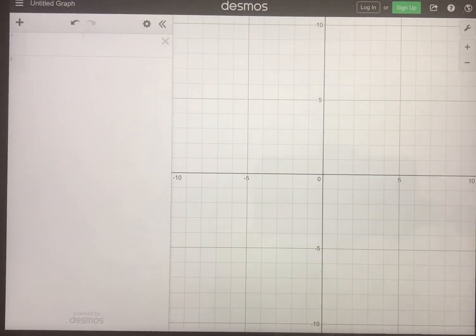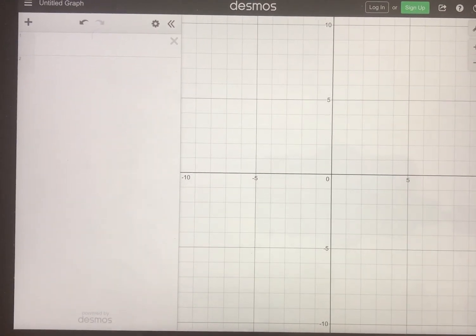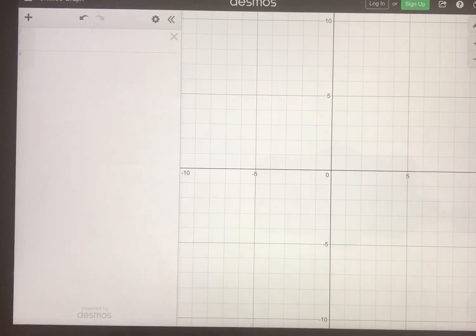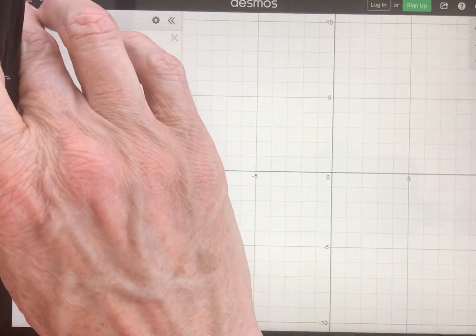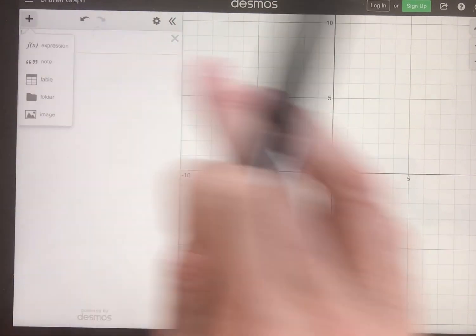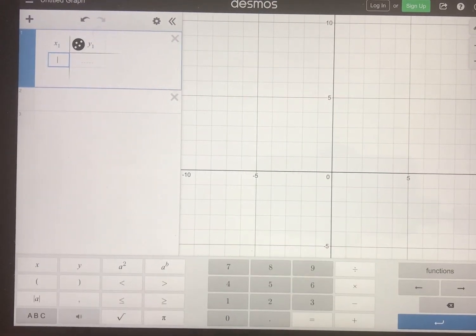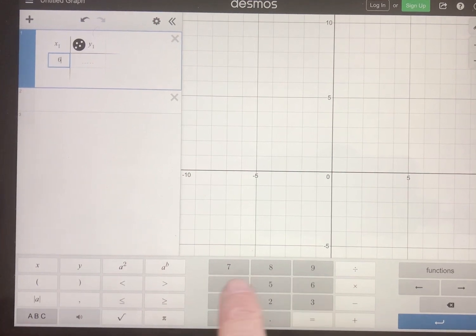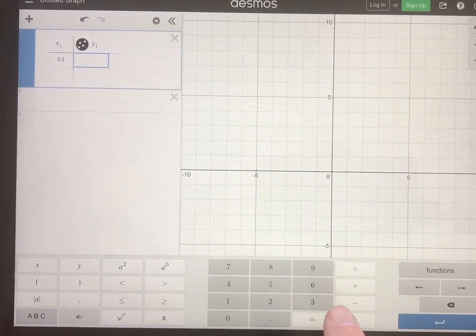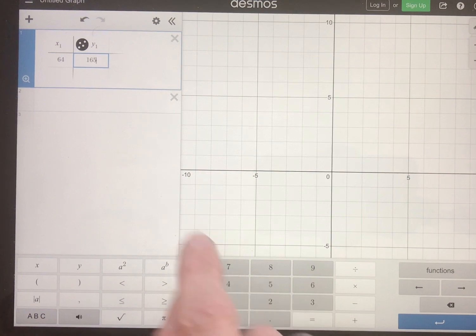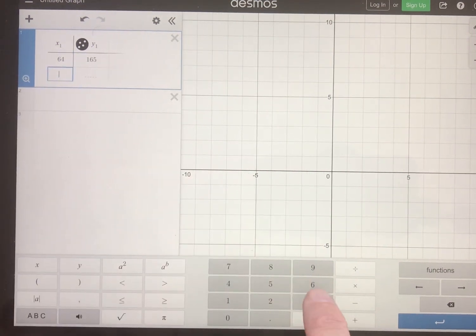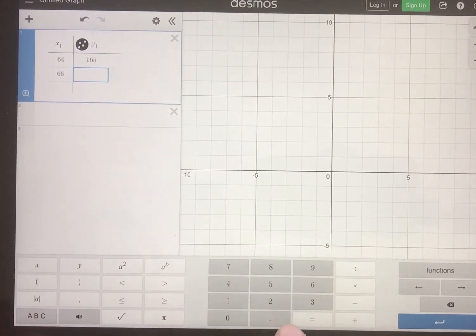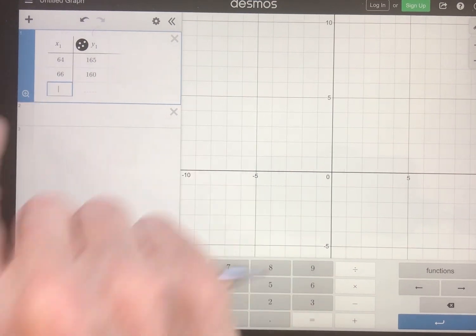We'll go into Desmos again, and I deleted the table, so we'll recreate the table. I'll press the plus sign here and come up with my table of values. I put X as the height and Y as the weight. Person A was 64 inches tall and 165 pounds. Person B, 66 and 160.